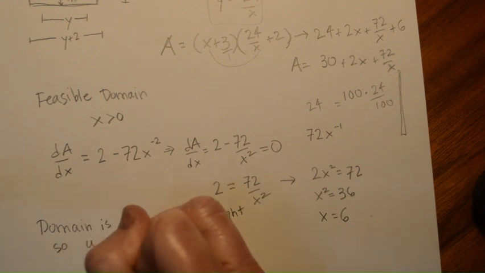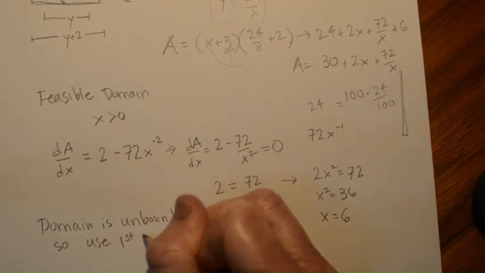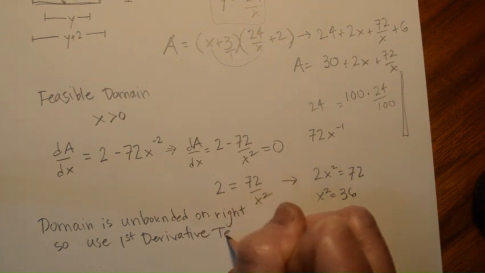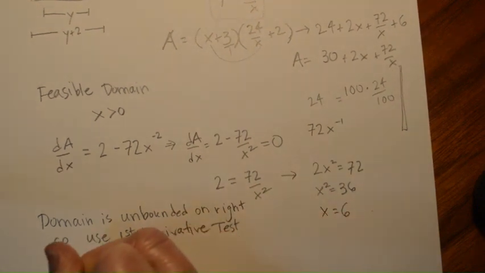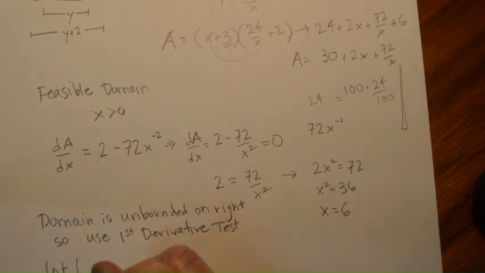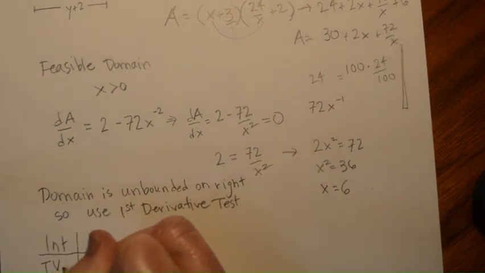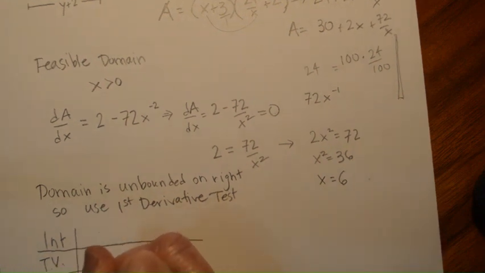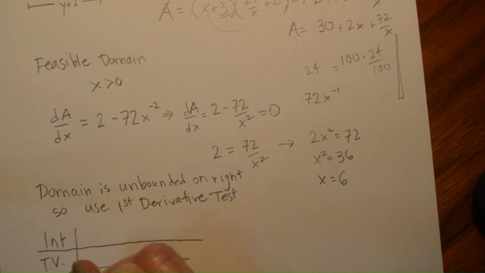So use first derivative test. All right, so we need to set up our intervals. We need to say what's our test value. We need to say what's the sign of f prime, and then our conclusion.